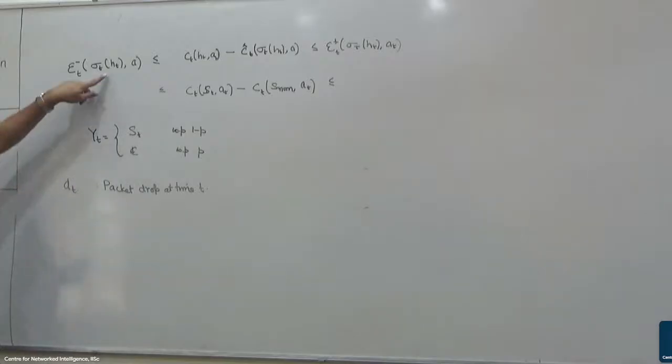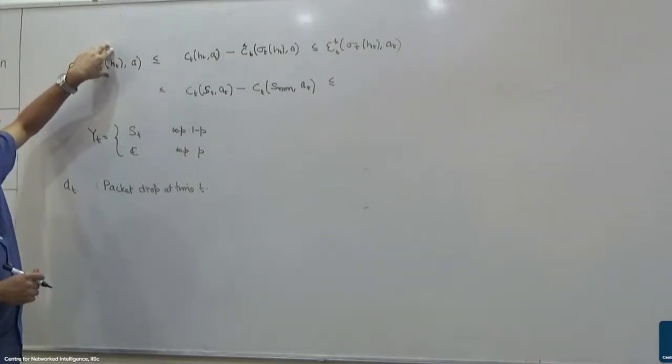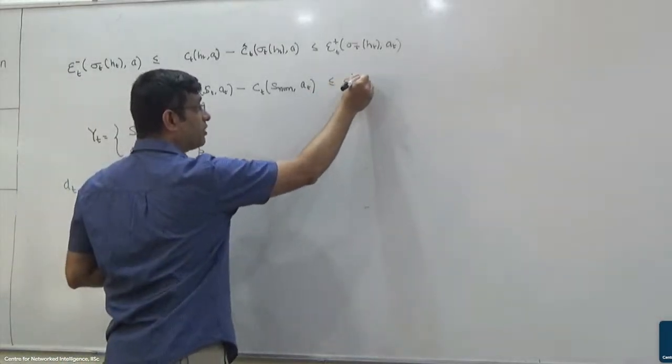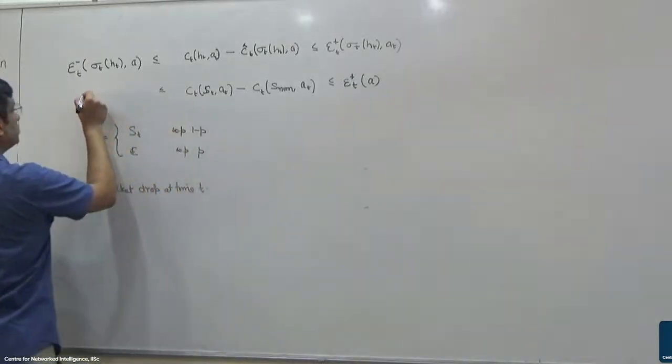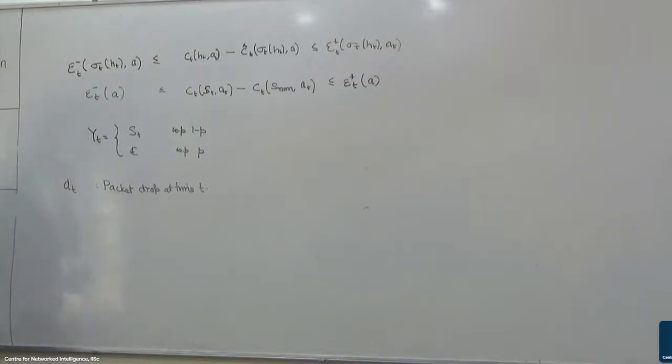So effectively, what my theory is saying is if I want computable bounds, I want an epsilon plus and epsilon minus which only depend on the action. In a practical system, this will give me a nice bound, but it is not going to be a good expression to compute, because I would need to take expectations over the policy to see what happens to this.